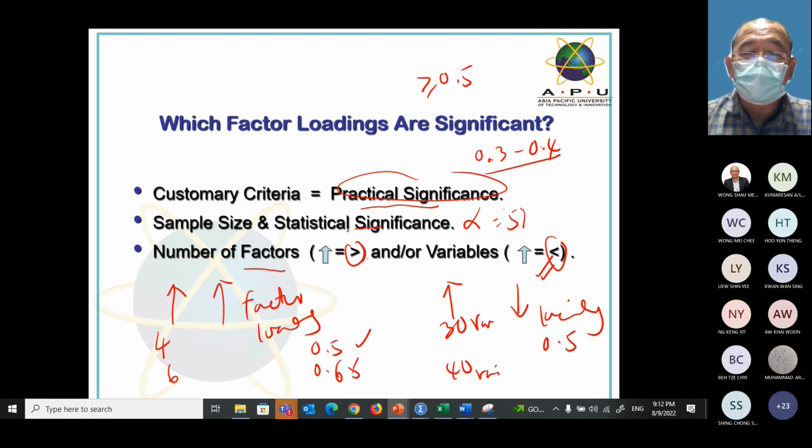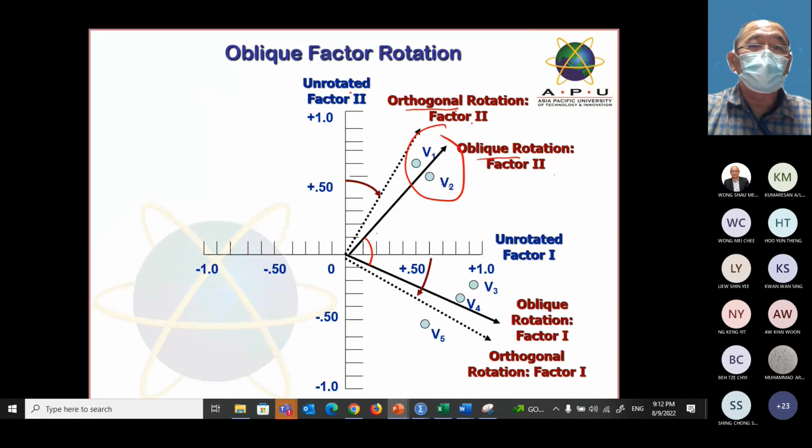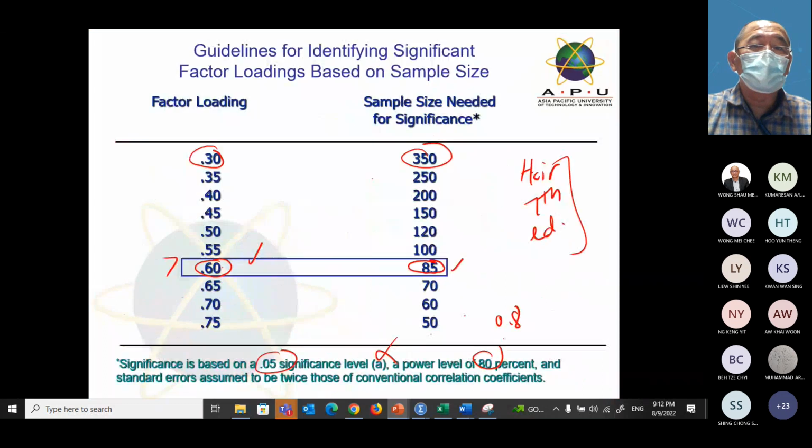Therefore, 40 variables means 0.4 is also considered significant. Example, if my sample data set has like 80,000, meaning the loading around 0.3 or 0.2 is also good. So we see the guideline just now, 350.